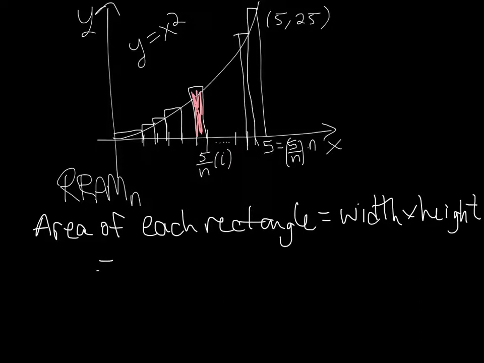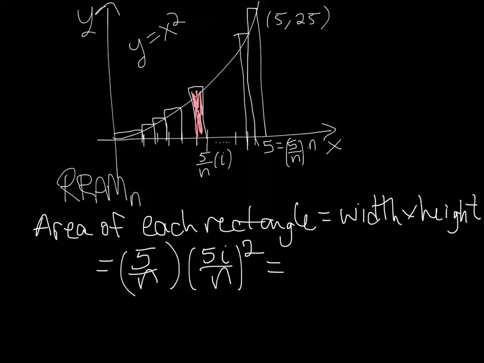The area of that rectangle: the width of every rectangle is 5 over n. And the height of that rectangle is the y-coordinate corresponding to this x-coordinate. So the y-coordinate corresponding to that x-coordinate is 5i over n, squared.